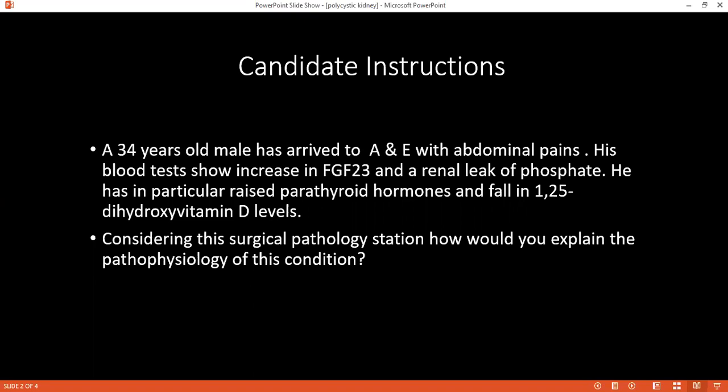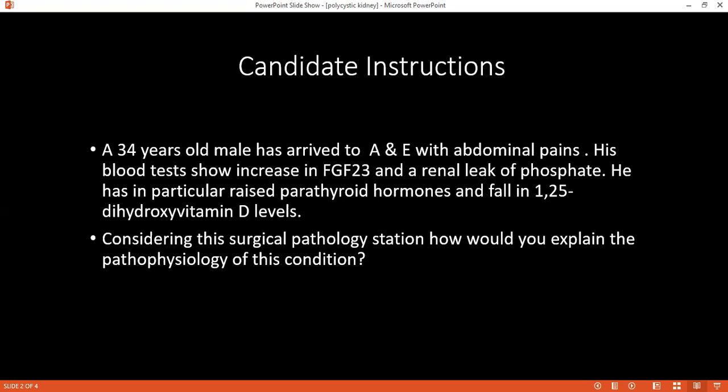So this may be a case of secondary hyperparathyroidism. Okay.